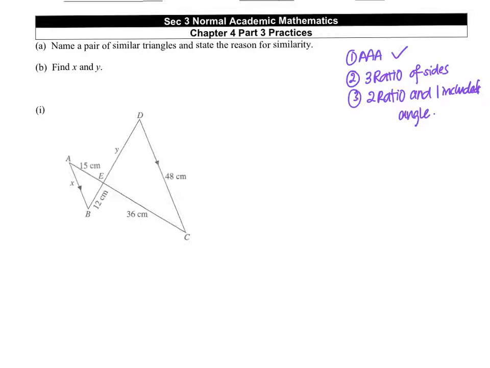Okay, before we begin to show that they are actually similar, let's look at our triangles over here. We have ABE, the small triangle, and let's see what it matches with. We have a pair of parallel lines. It tells me that by the alternate angles property, B will correspond to angle D. So I know B is with angle D, and A will correspond to angle C. Why is that so?